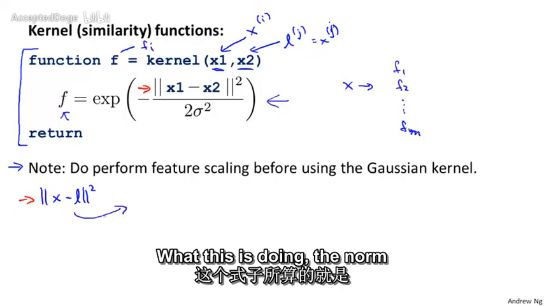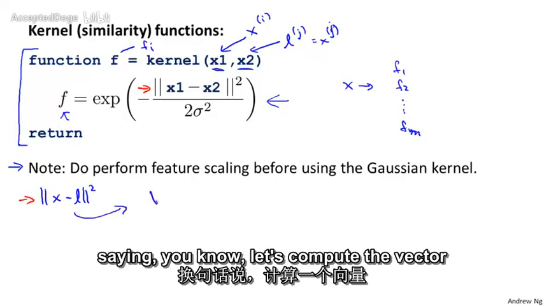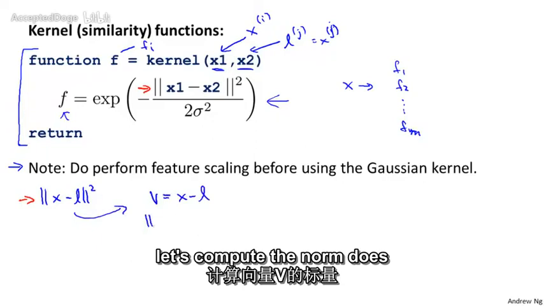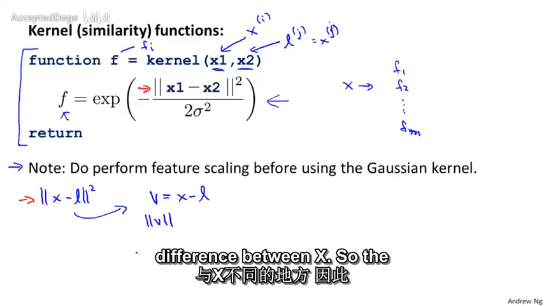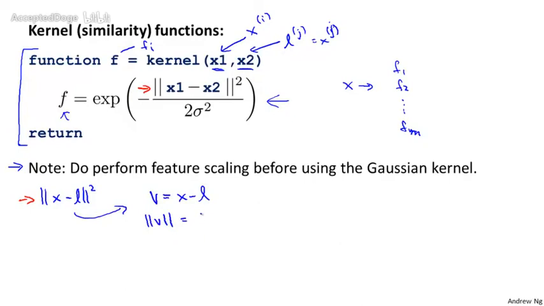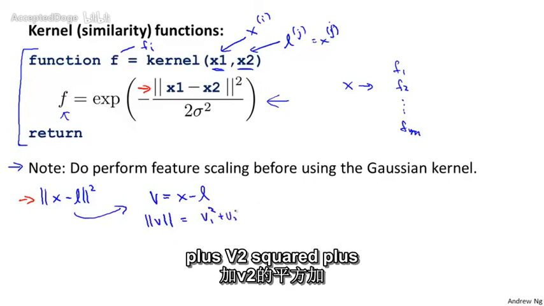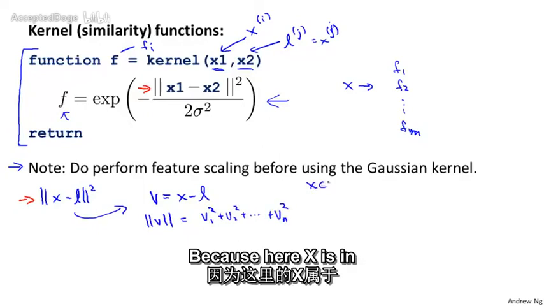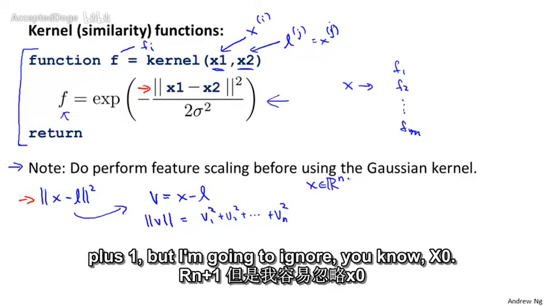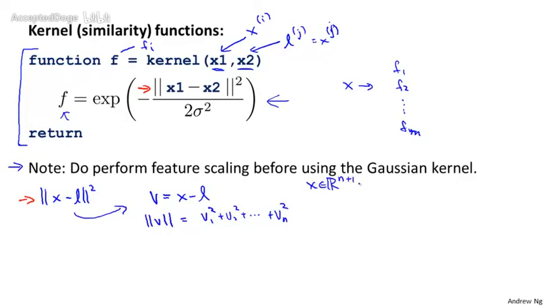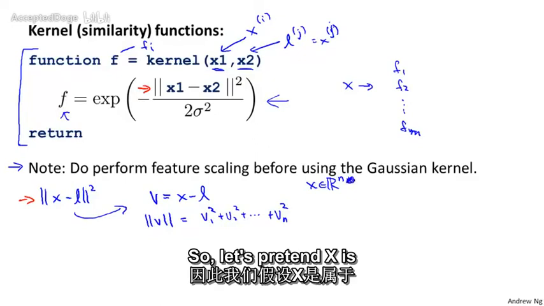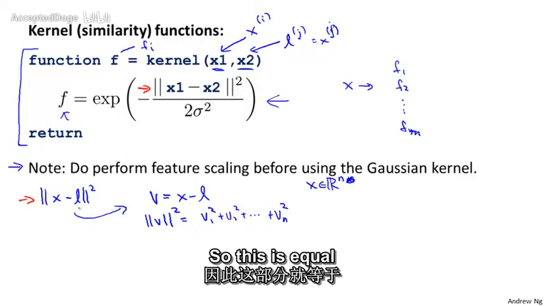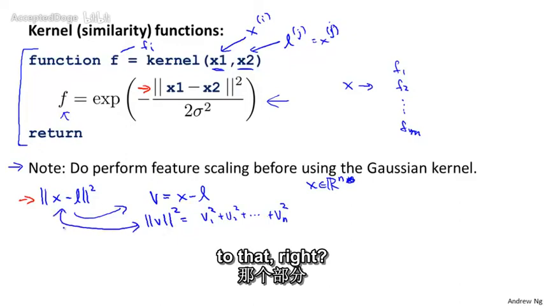What this is doing, the norm between x and L, that's really saying, let's compute a vector v, which is equal to x minus L, and then let's compute the norm of this vector v, which is the difference between x and L. And so the norm of v is really equal to v1 squared plus v2 squared plus dot dot dot plus vn squared, because here x is in Rn or Rn plus 1, but I'm going to ignore x0. So let's pretend x is in Rn and put a square on the left side as well to make this correct. And so this is equal to that, right?